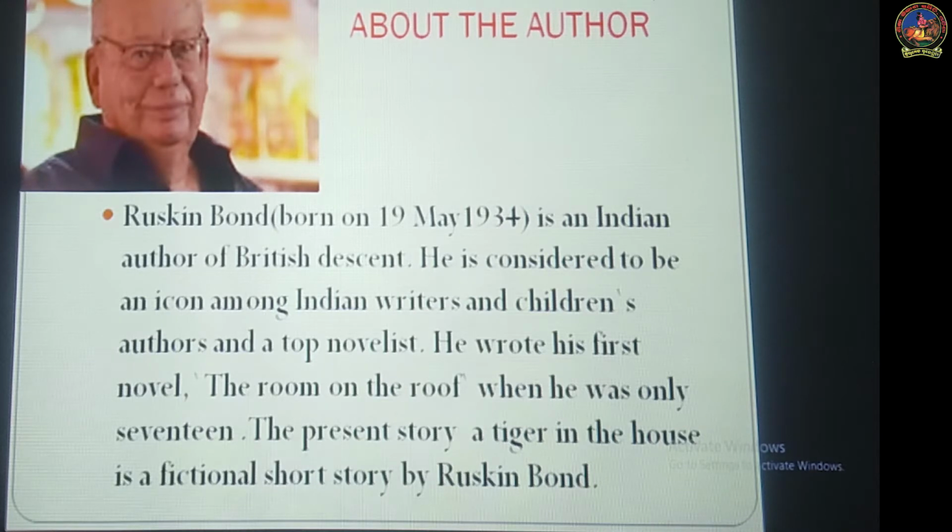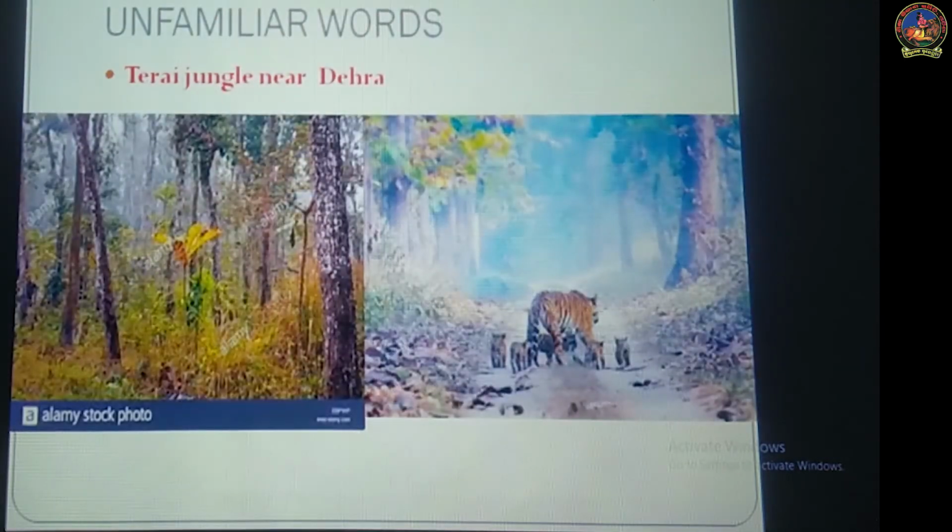Let us know some unfamiliar words that we will find in the SGP-1. So the first word is Tarai Jungle near Dehra. Let us see the picture. This is the picture of Tarai Jungle. Tarai Jungle is a lowland region in the Himalayan area.